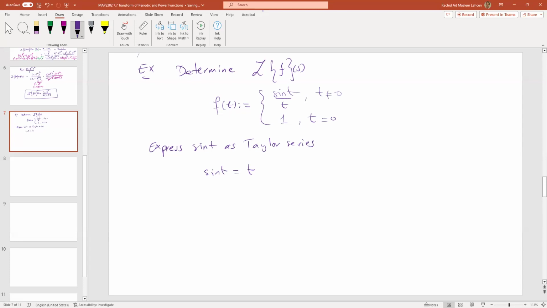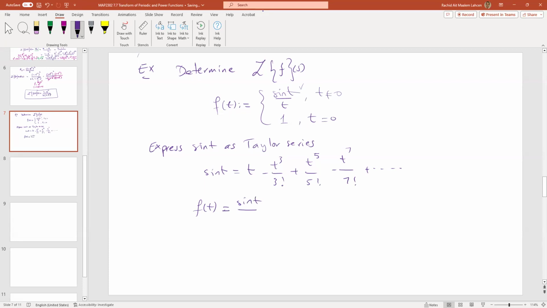So this is from what you've done in the past, and you just recall the formula. All right, so to get f of t, we need to divide by t, right?